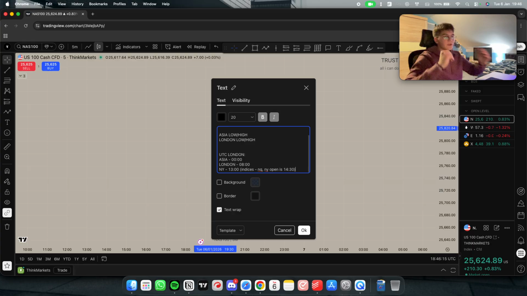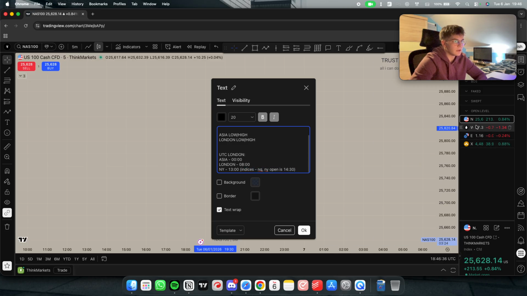Okay, so 14:30 because if you convert to New York time, it's 9:30 in the morning, which means all the stocks and all that goes up and blah blah blah. It just creates volatility. So we have to align to that.